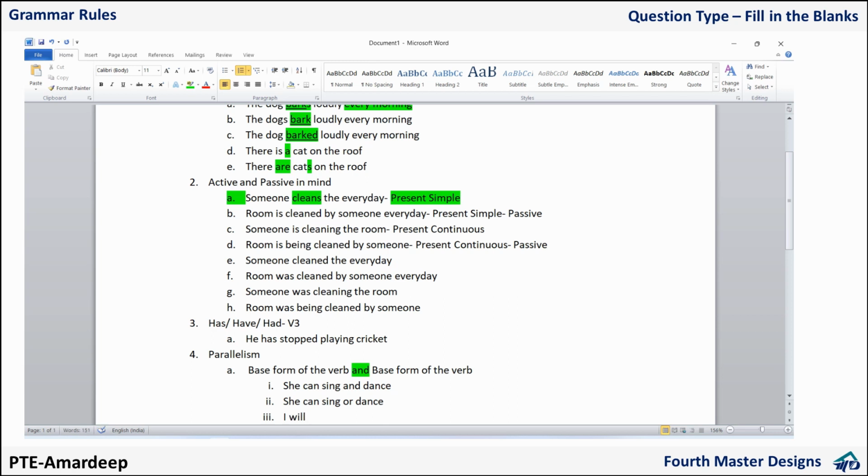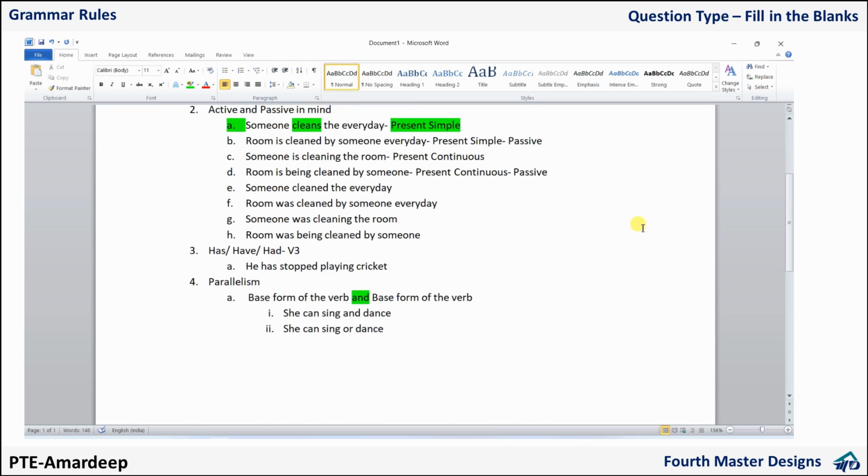I'll just stop here. That I'll discuss in the other one. Now, the base form of the verb before and and after and has to be the same thing. So she can sing and dance, she can sing or dance. If it is base form before and, then it has to be base form after your and also.